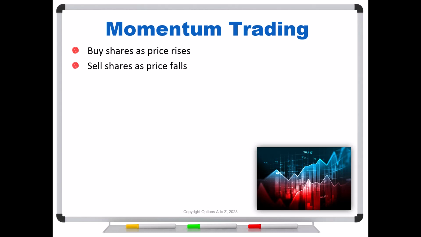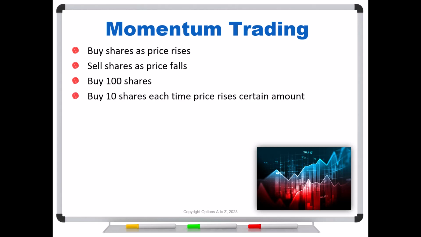So let's say that you want to mimic this by just using shares of stock. Well, you could go out and buy a fixed number of shares, say 100 shares, and then you're going to buy a certain amount, let's say 10 shares, each time the price rises a certain amount. It could be every couple of bucks or so many percentage points. You just define these moments in time and add to the position, but only if the stock price rises.